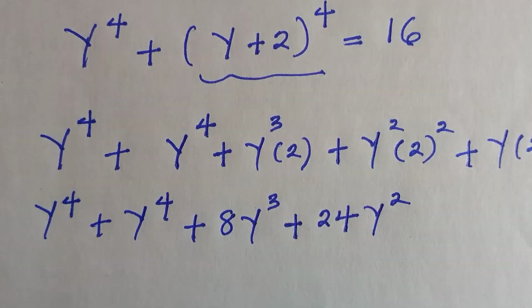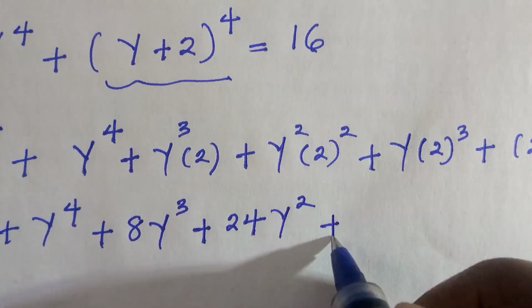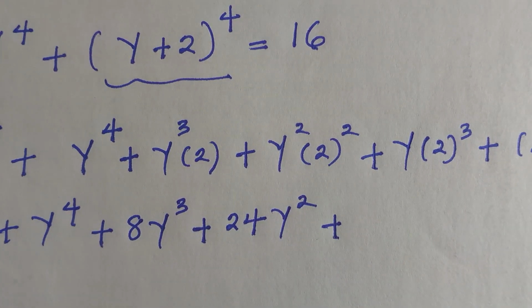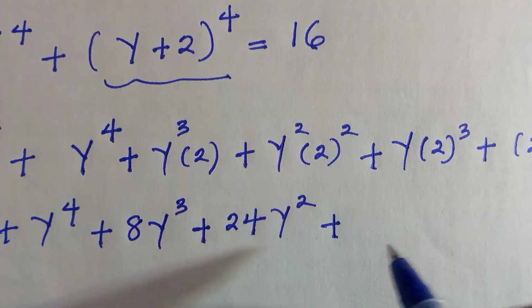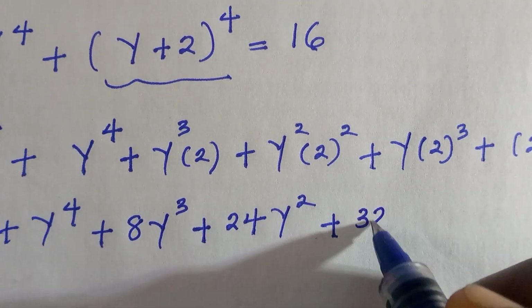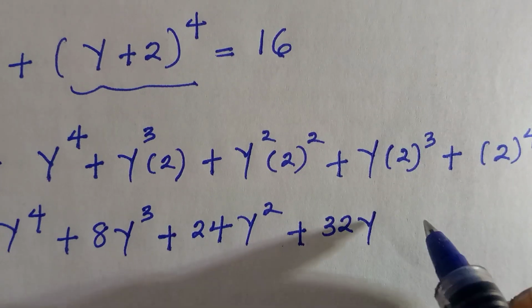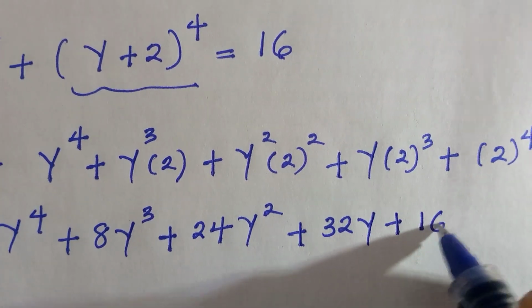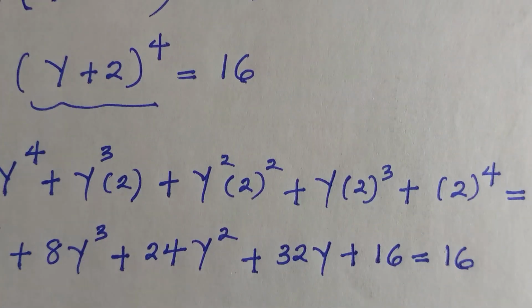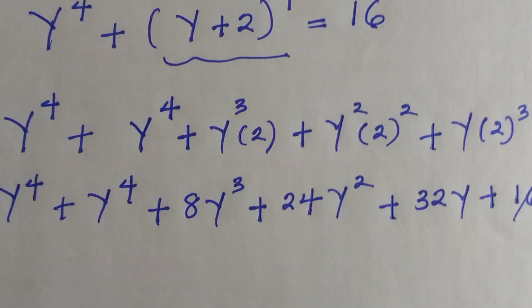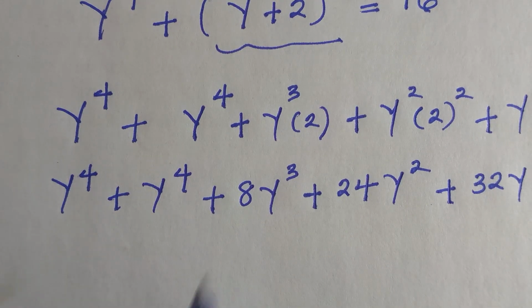Then y^2, followed by 4 times 2^3, that is 8, and 8 multiplied by 4 is 32. So we have 32y, and the last one is 1 times 16, that is 16, equals 16.